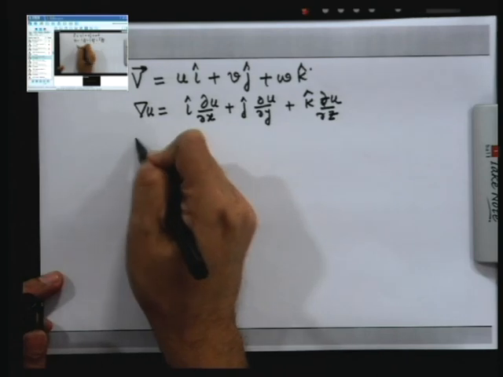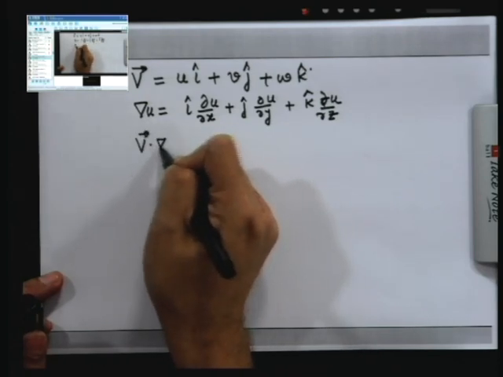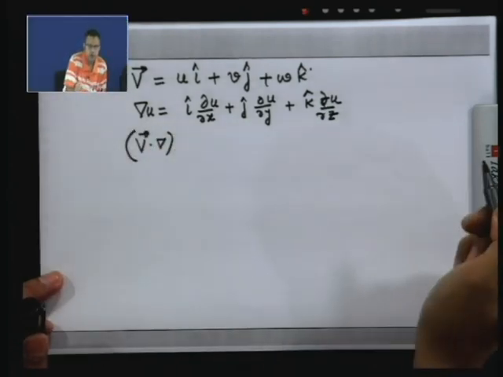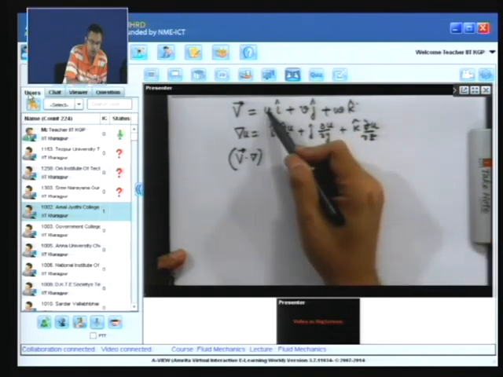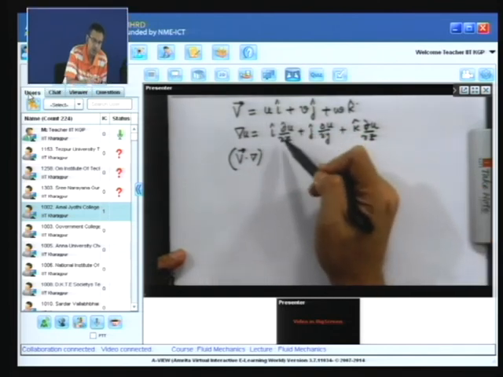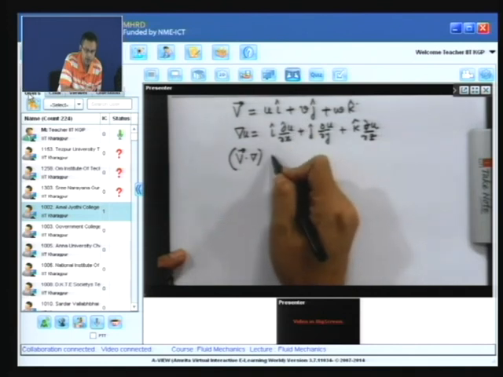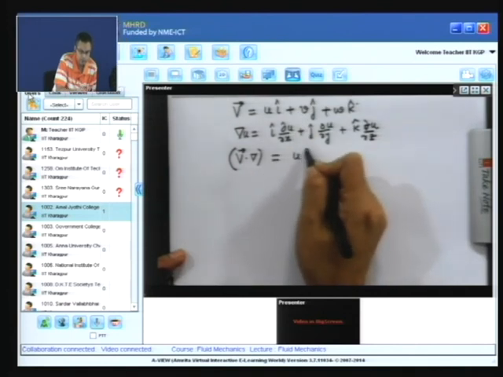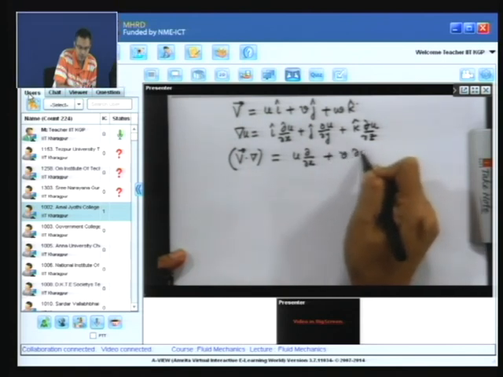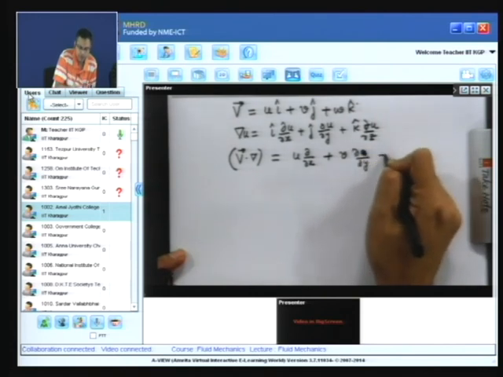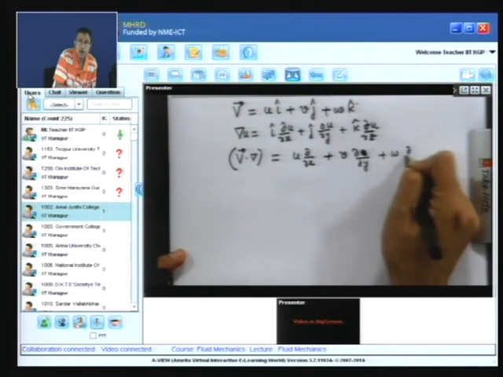Now if you write v dot del, simply v dot del, this is an operator. So what is this? You have ui dot i del x, so u del x, plus v del y, plus w del z.